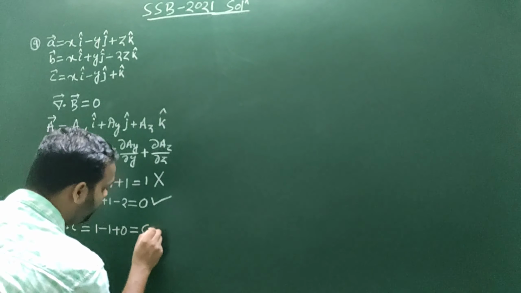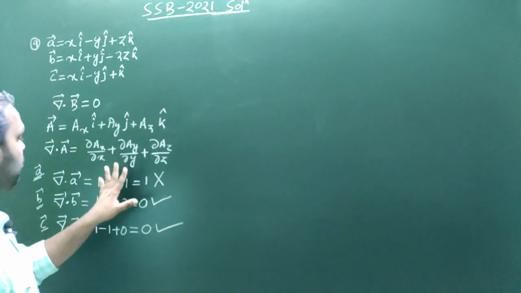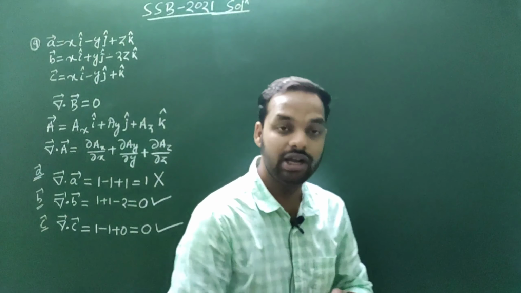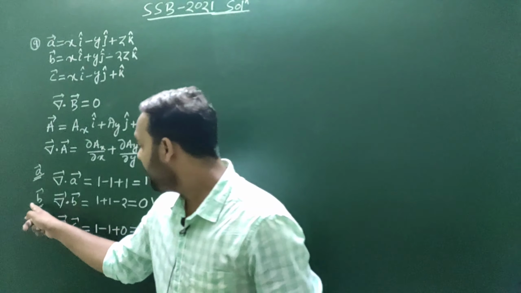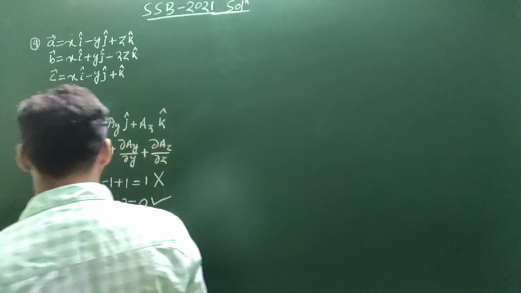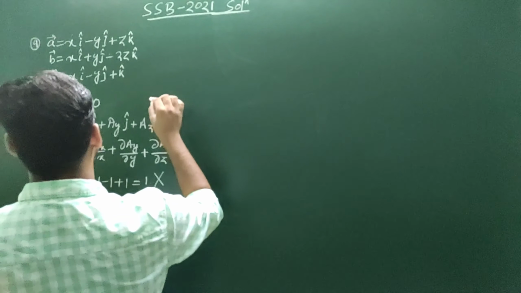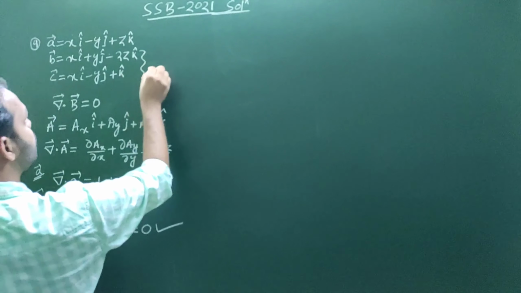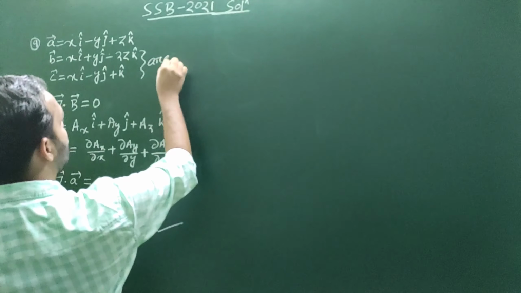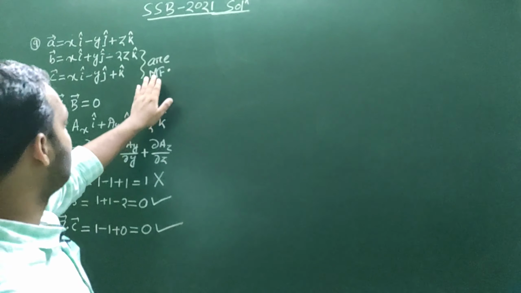This also gives you 0. This is also a magnetic field. So the answer will be the sentence which states that the B and C vectors represent a magnetic field. That will be the correct option. Let me just write it down here. So these two are magnetic field. In short, I am writing MF.